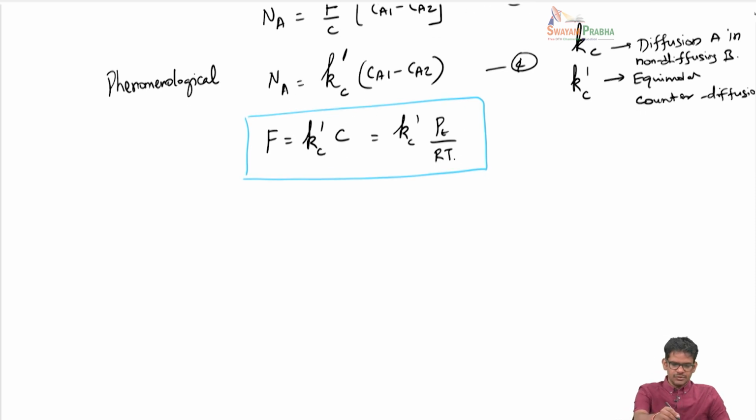In this case also, the units of F will be moles per meter square second, and this Kc prime will be in units of meter per second.